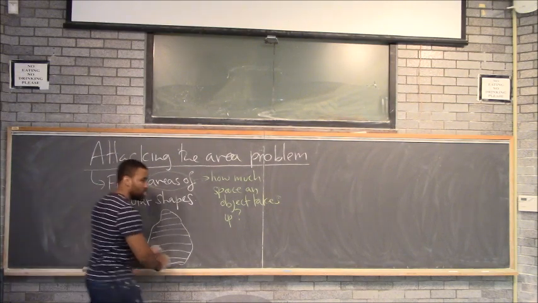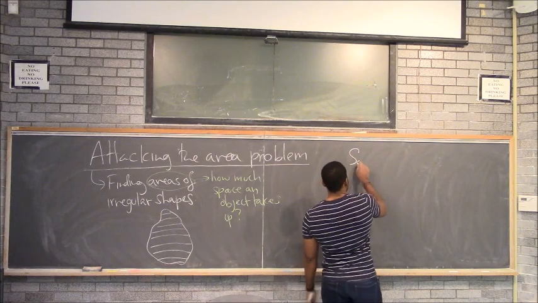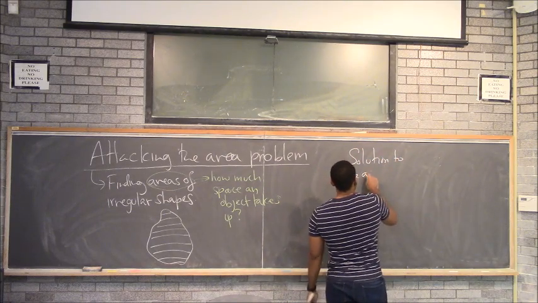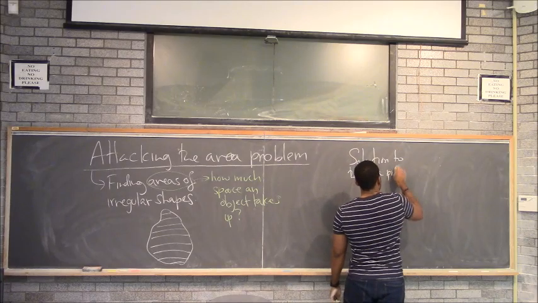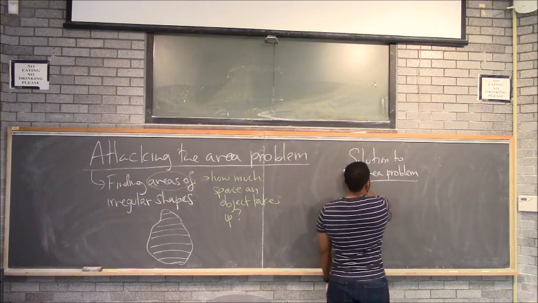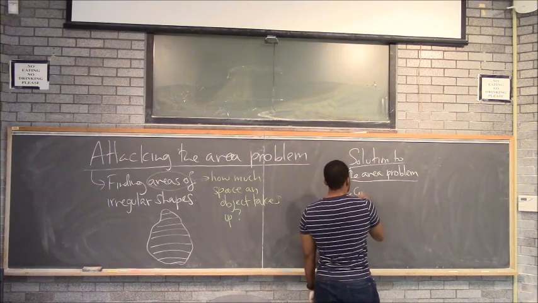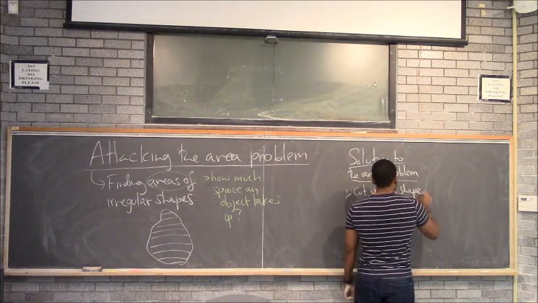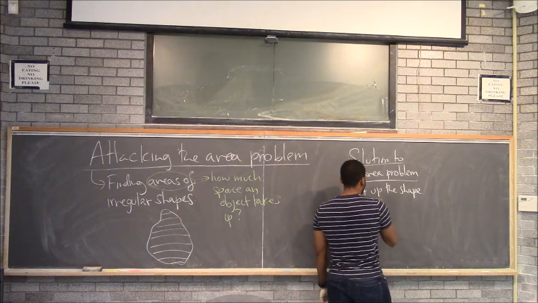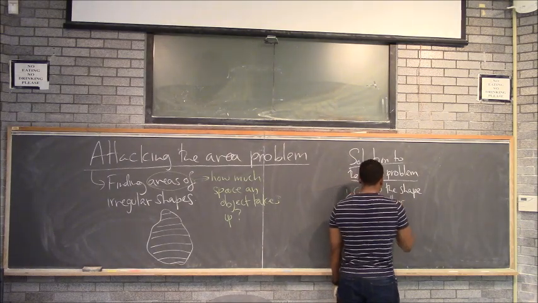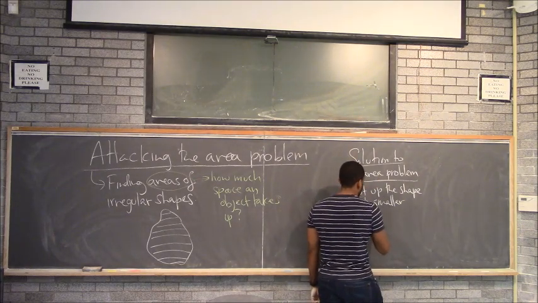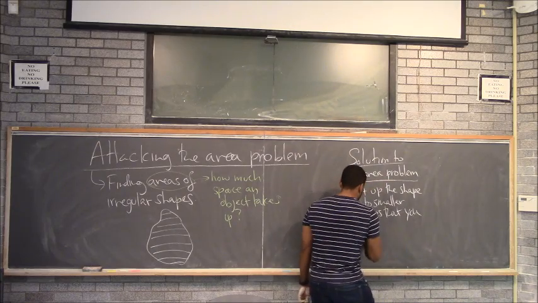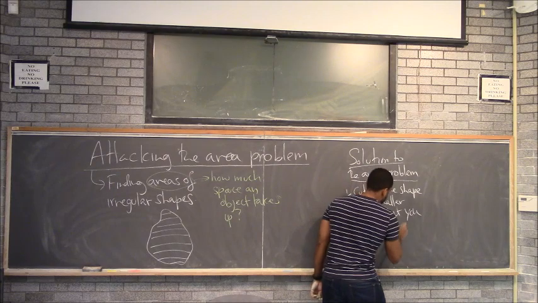Well, we knew the answer a long time ago. Solution to the area problem. Let me just tell you. One, cut up the shape into smaller shapes that you know the area of.